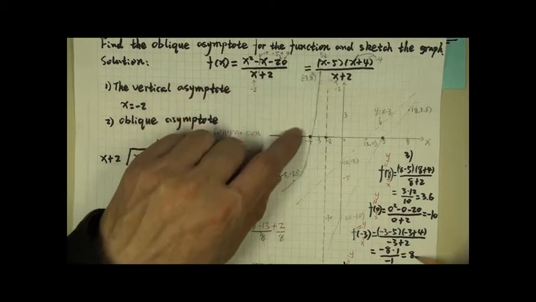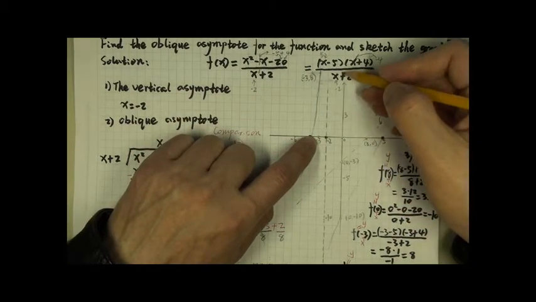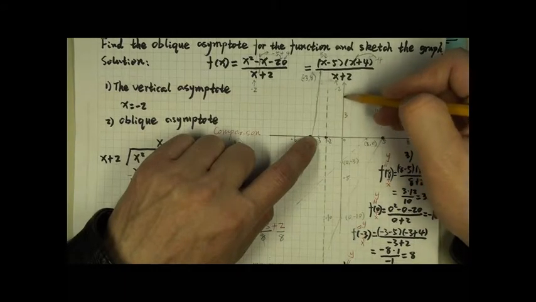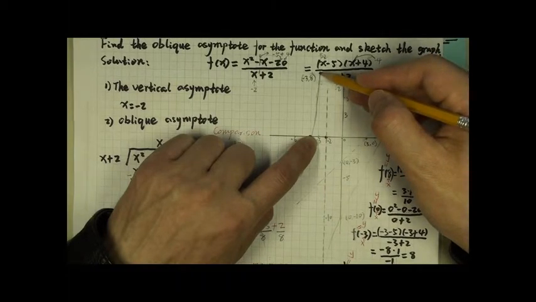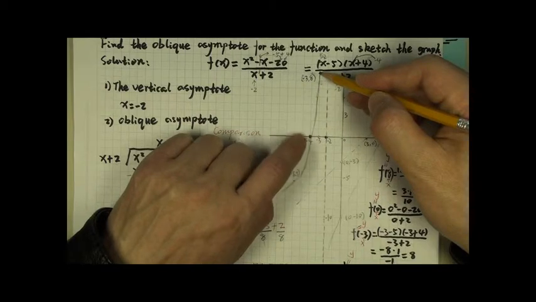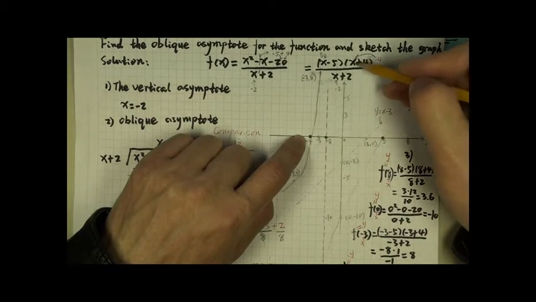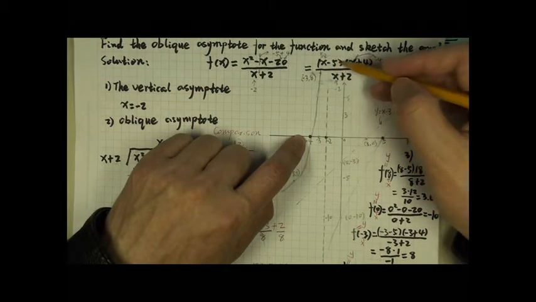Where is that? -3, positive 8. Very high. Here is 3, and you know here would be 5, 6, 7, 8. So very high here. -3, 8. Okay. So then you know -4 was the 0 point. You plug in -4 here, you get 0 for this quantity, the whole numerator.